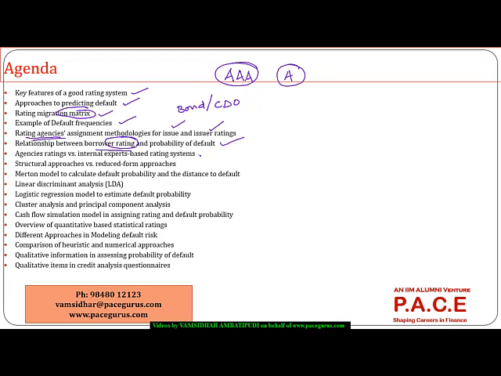Then we are trying to compare those kind of rating systems which are purely based on experts.